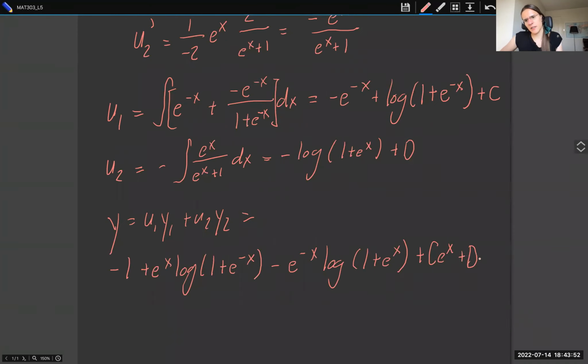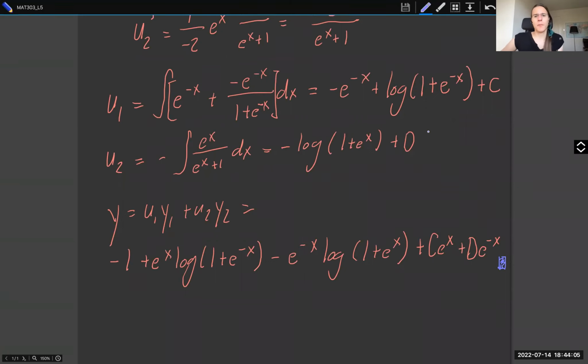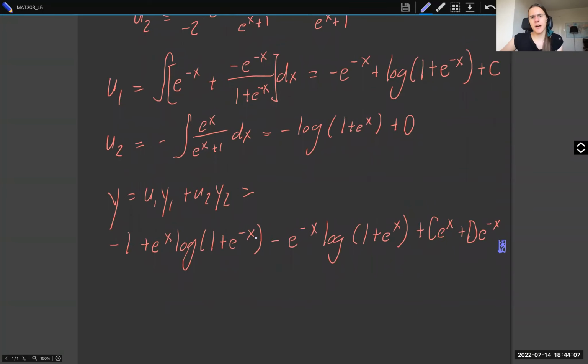Plus d e to the minus x. So that solves that problem. And I think there is maybe a bit of manipulation that you can do here, but it's not strictly necessary.